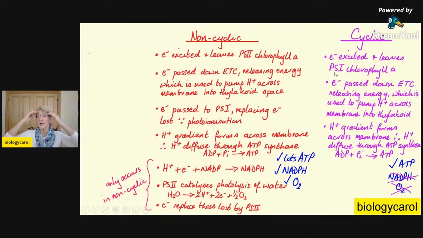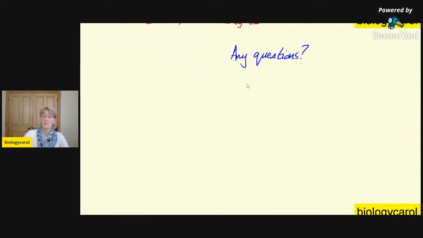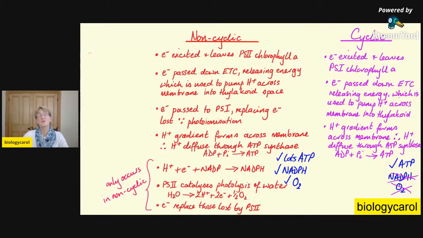I'm hoping that you've got my little diagrams in your mind, so this is making sense. In both situations, the electron passes down an electron transport chain. In both situations, energy is released that is used to pump hydrogen ions across the thylakoid membrane into the thylakoid. In both situations, a hydrogen ion gradient forms, and therefore the hydrogen ions diffuse through ATP synthase in both cyclic and non-cyclic to produce ATP.